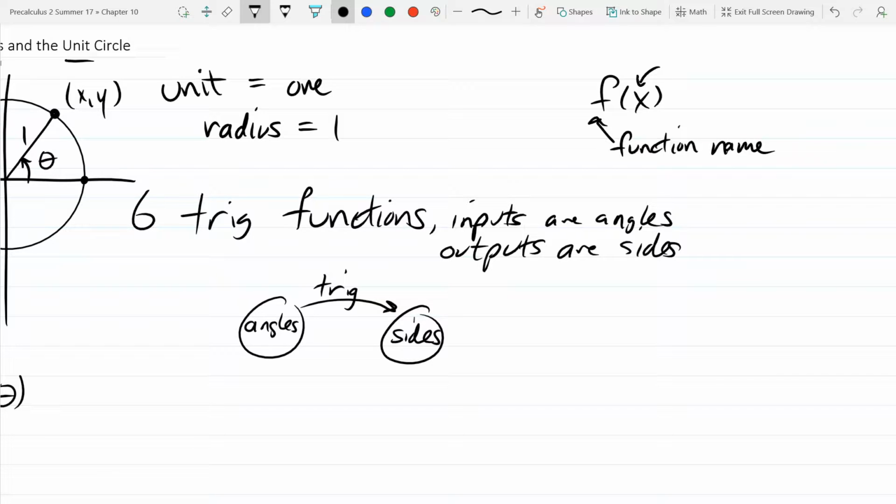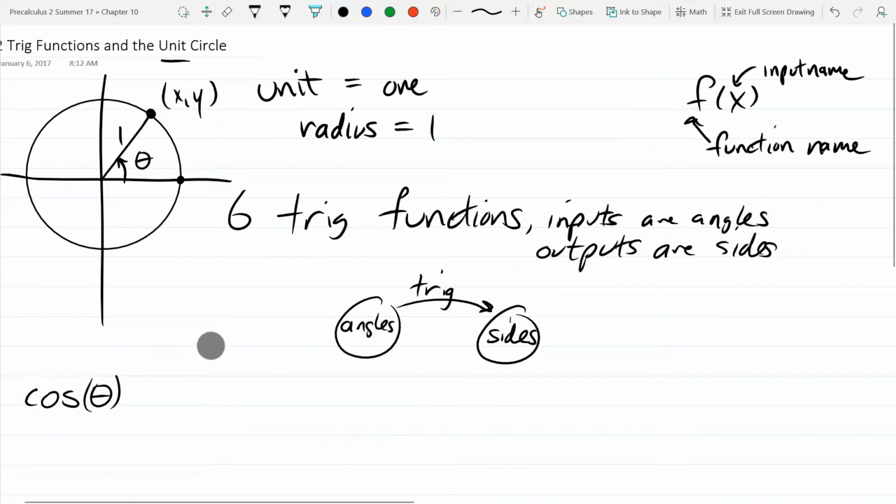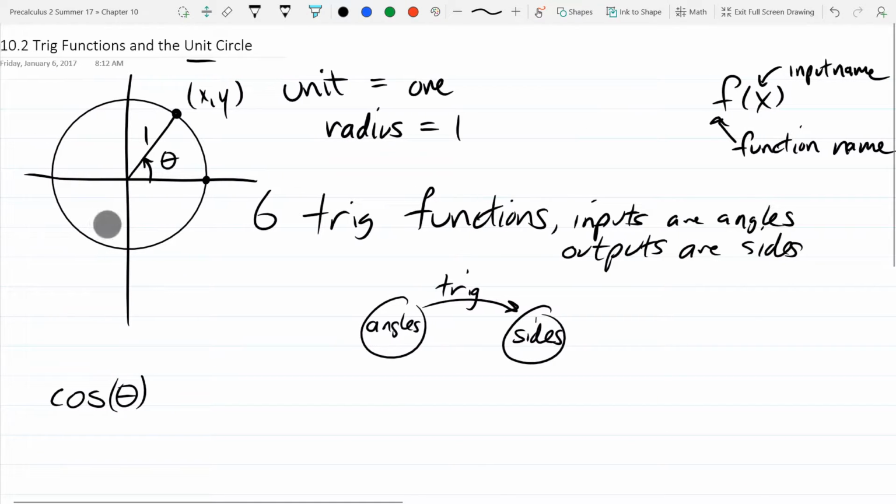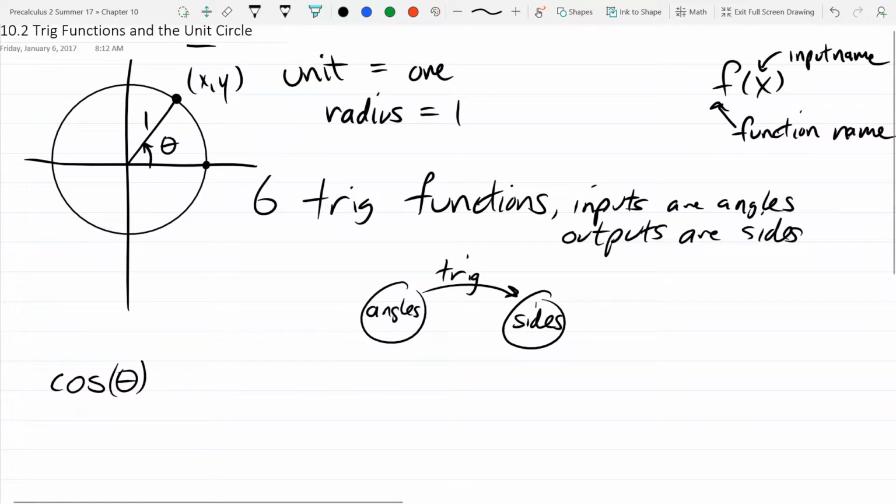And this is input name. So if we take that over to here, our function name is cos, and the input name is theta. You're going to find out very quickly that we're going to get lazy and not very frequently write the parentheses around theta. So you're going to very frequently see it just written as cos theta.